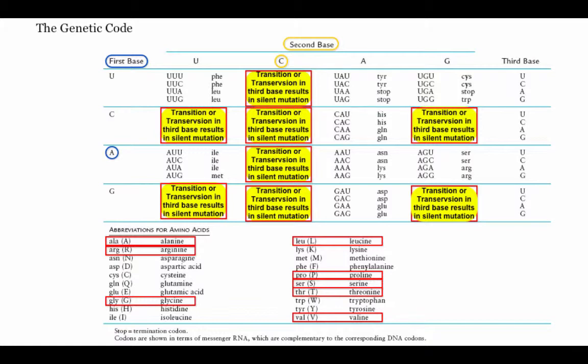So for arginine, leucine, and serine, you have extra groups of codons, of which there are only 2.